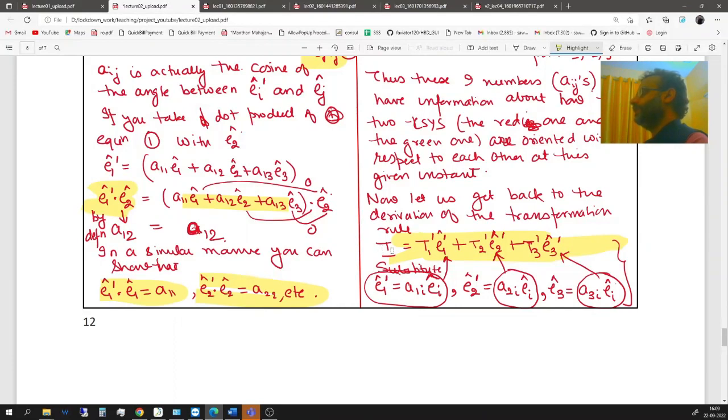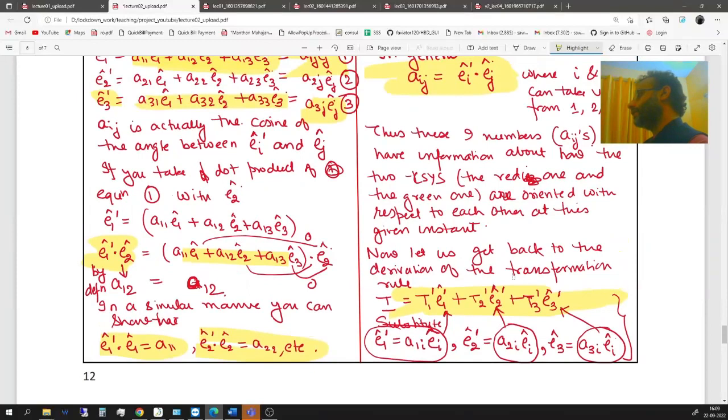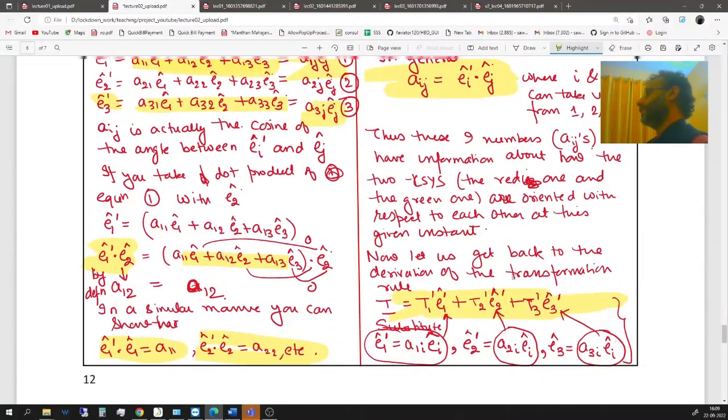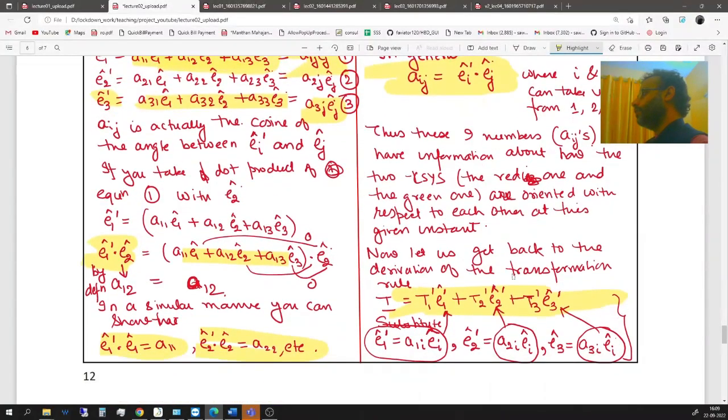You remember T we wrote in the green coordinate system as T1 prime E1 prime, T2 prime E2 prime, and T3 prime E3 prime. Now what I am going to do, I want to get rid of all primed unit vectors on the right hand side. And how do I get rid of them?